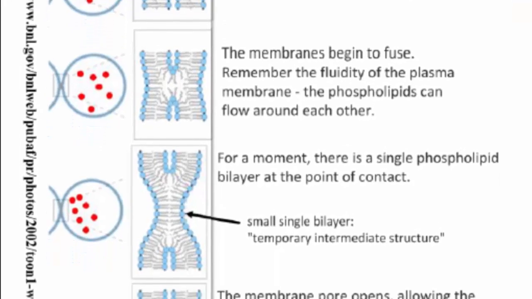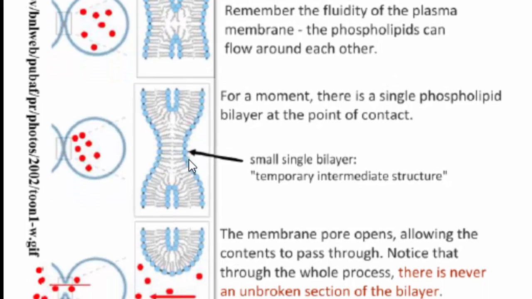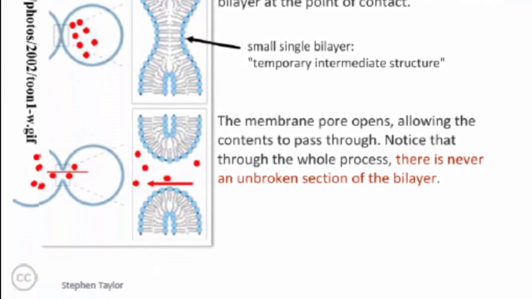And for a moment, they pinch in and there's a single bilayer between the two structures at the point of contact. And this is a temporary intermediate structure. And then the membrane pore opens, so this area here pinches off as they are touching, and the contents can pass through.